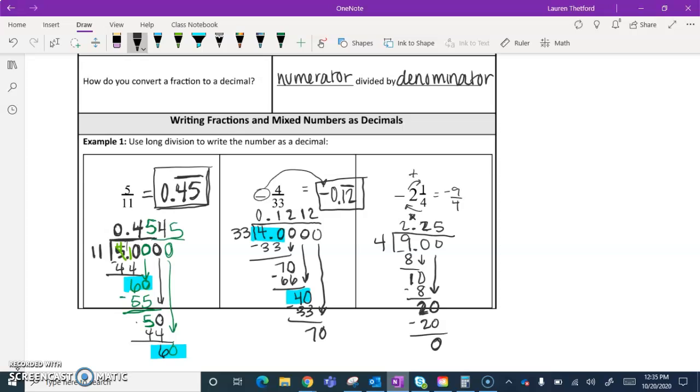This means I have a terminating decimal. And so my decimal equals negative 2 and 25 hundredths. Don't forget this negative and attach that to my decimal, because the decimal and the fraction are equal to each other. So if one is negative, the other has to be negative.